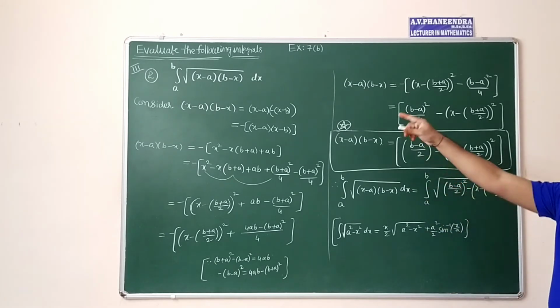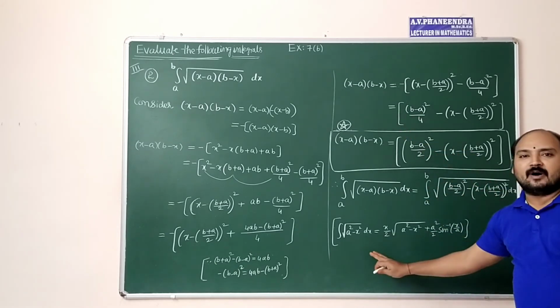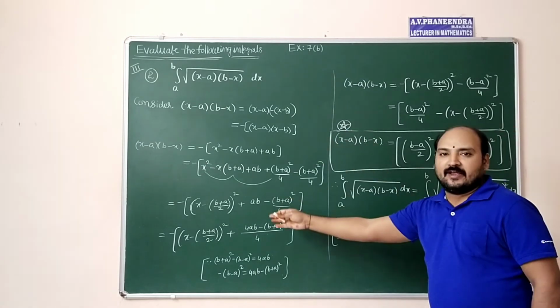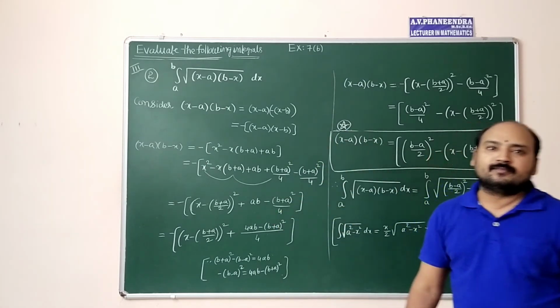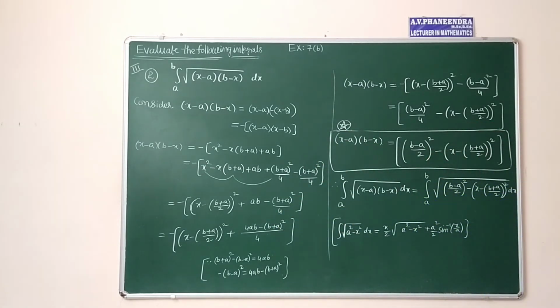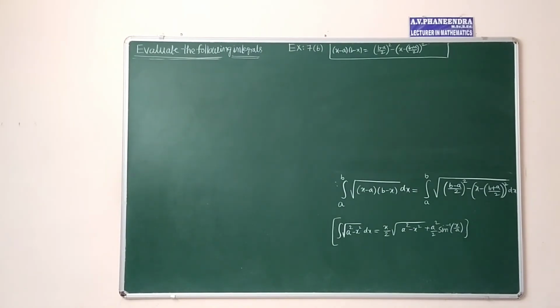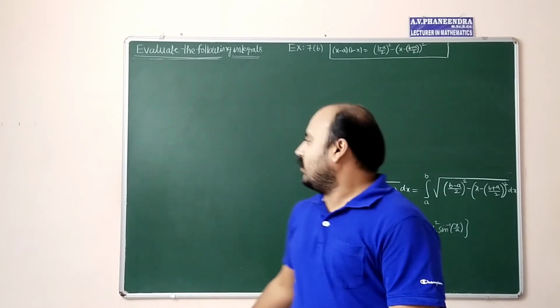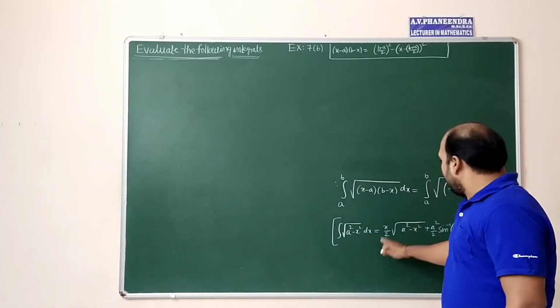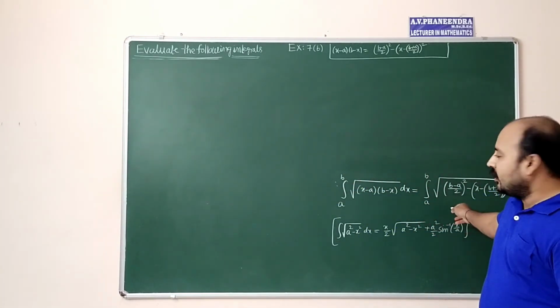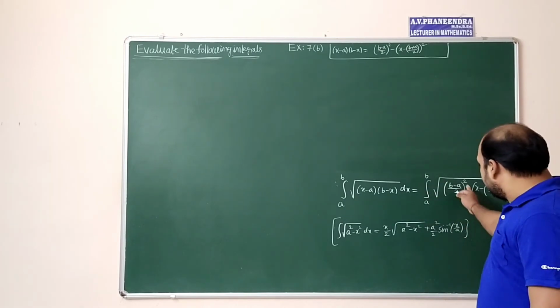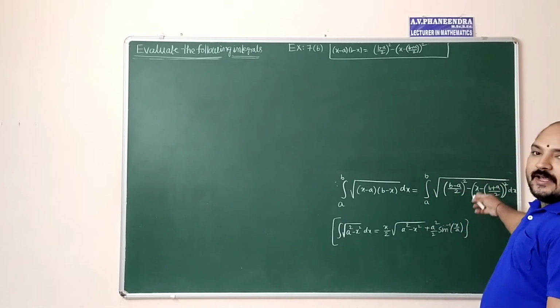But here, for a definite integral, no need to write c, I am just writing the formula. This formula I am going to apply in the next step. Now this formula we are going to apply for that. After that you can apply limits. So this is completely a square, this is completely x square.